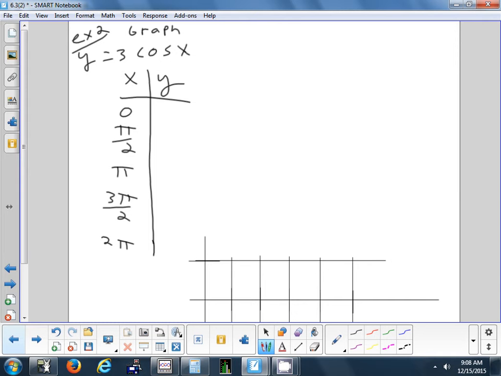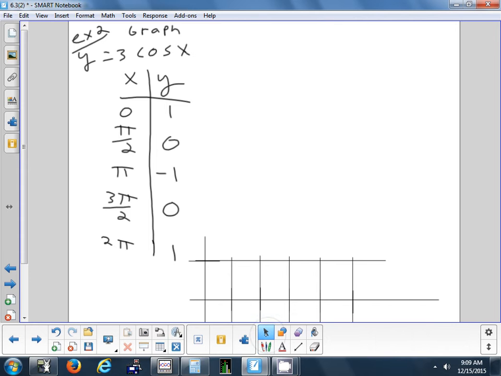Those are still important to know. But for cosine, I think I did 1, 0, -1, 0, 1. So cosine starts at its highest, comes down to 0, hits its lowest, and then back up to 1.